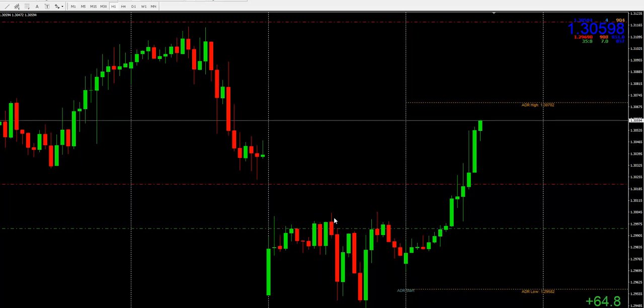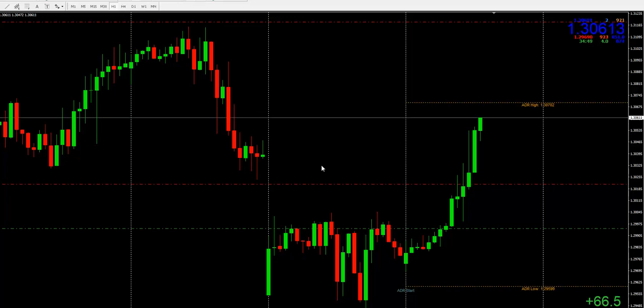It kind of went into it, but closed below. So it has taken about 2 days for the gap to be filled. Sometimes it will take a couple of hours, sometimes a couple of days. Believe me, at other times, it could even take weeks before the gap is filled.